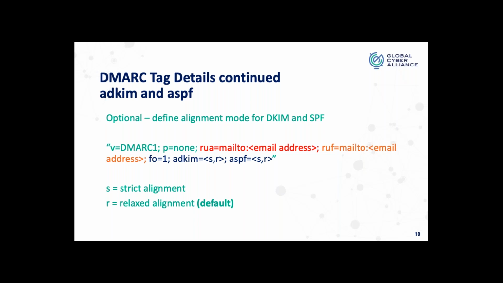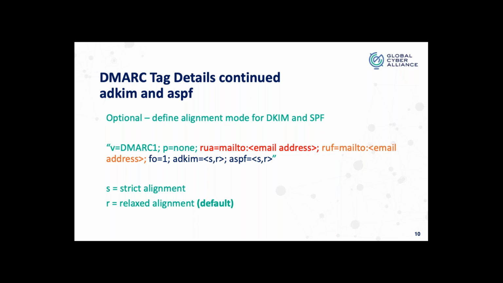Relaxed mode is the default, and it is the one that the majority of people use, especially when they're using third-party vendors. Because you're relying on them to make sure that their DKIM domain and SPF domain actually match yours.